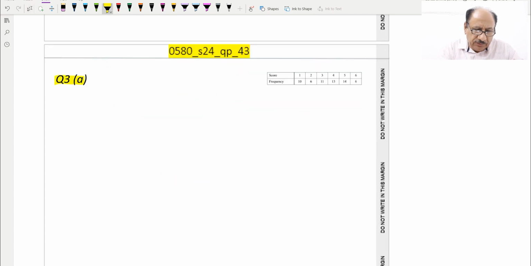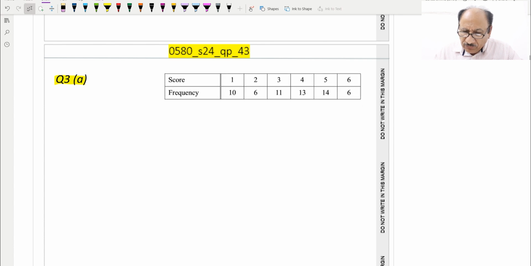Question number 3a part. I'll go to the question. If Rahul rolls a dice 60 times, the results are shown in a table, and we can refer to this table, which is giving us score and frequency. So we need to find the mode, the median, and the mean.